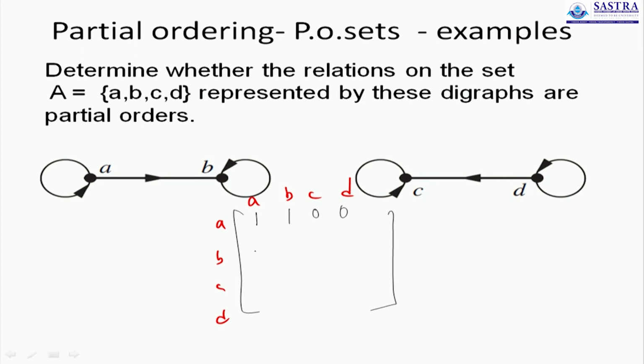You have B, you don't have BA, you have BB, and you don't have BC, you don't have BD. Looking at C and D, you see that there is an edge only from D to C, but not from C to D. So C to D is a 0, C to C is a 1, D to D is a 1.